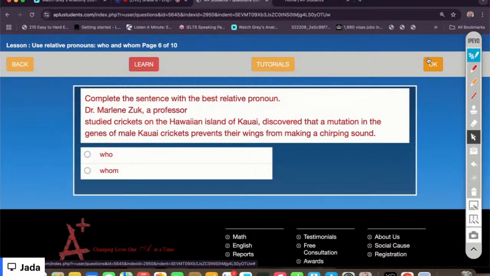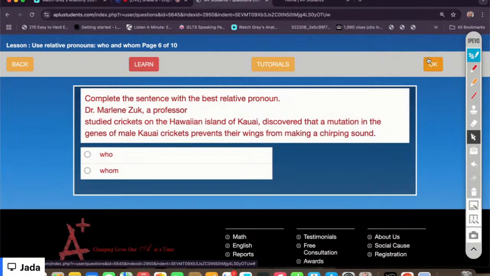Dr. Malin Zuk, a professor who studied crickets on the Hawaiian island of Guam, discovered that a mutation in the genes of male quail crickets prevents their wings from making a chirping sound. So, who or whom? What do you think is the right one?